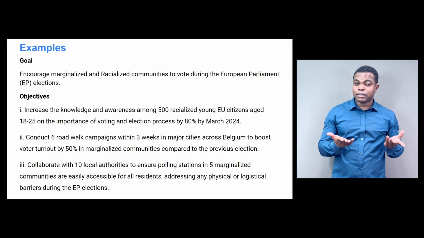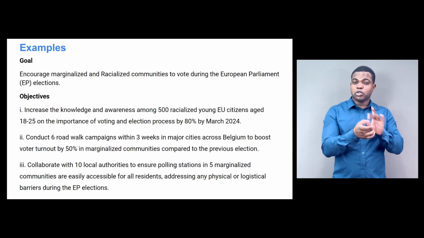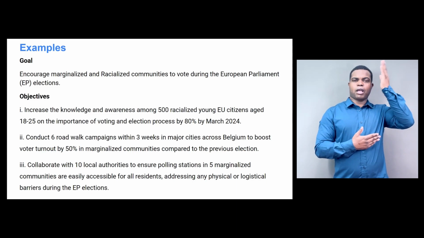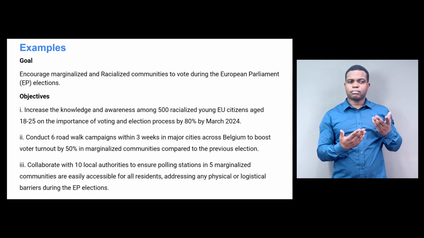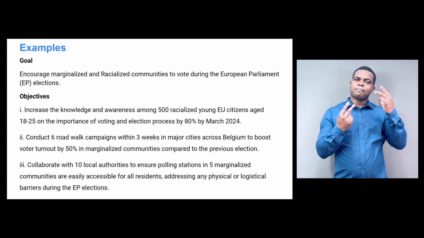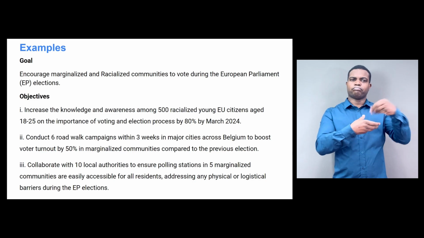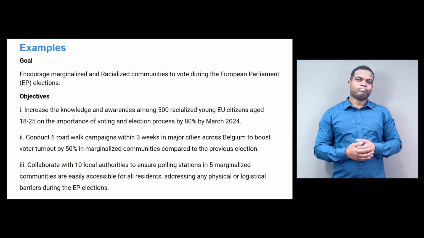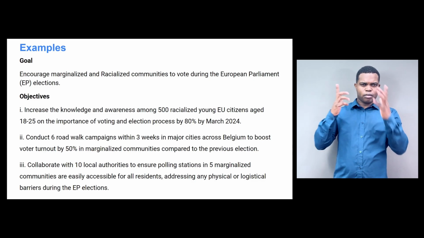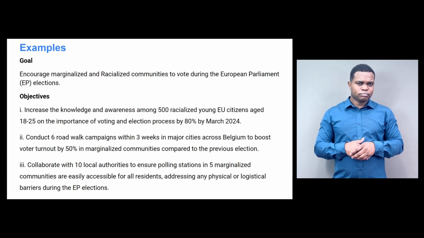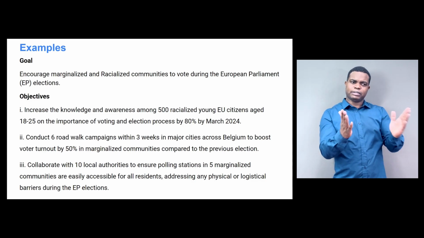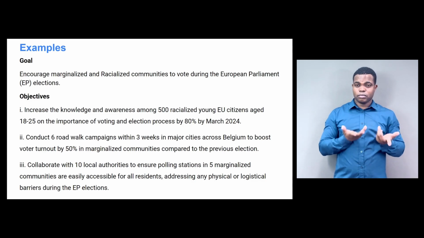So is it realistic? Can you increase the knowledge and awareness of these racialized young people on the importance of voting and election process? Is it realistic? If it is realistic, does it align with the goal of your community engagement initiative?